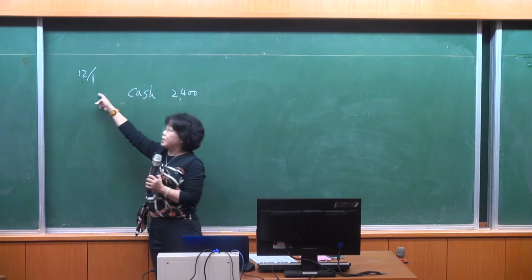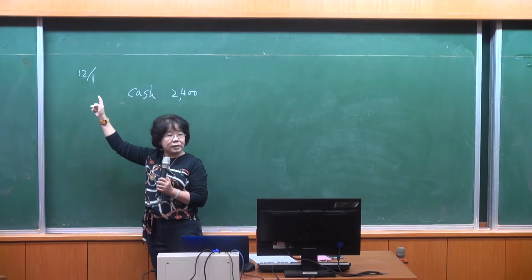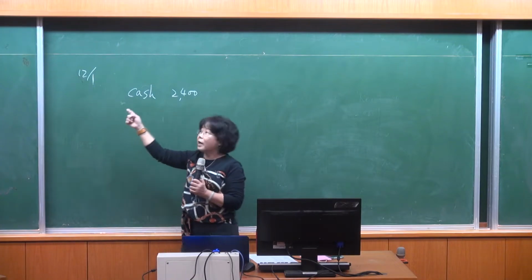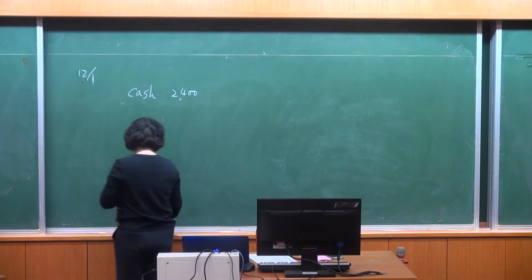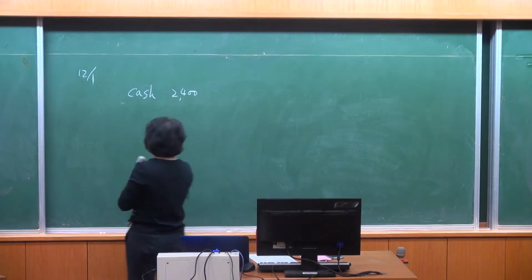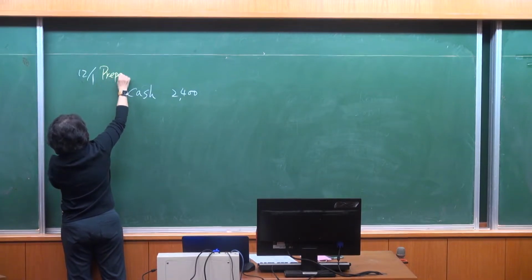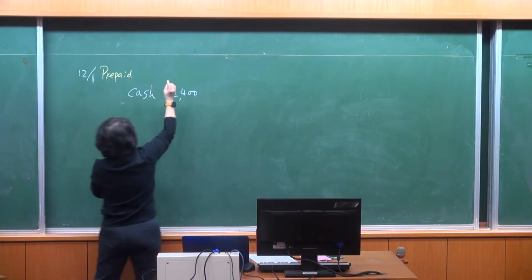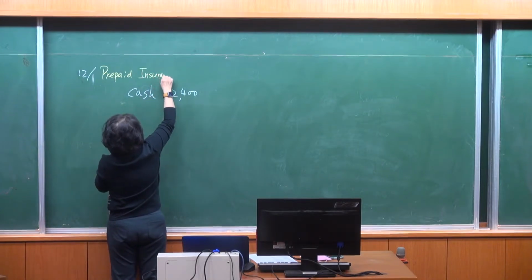Cash is an asset, so it should go to debit. 现金是资产，所以在借方，但是你要花掉它，you move to credit，就把它变成贷方。Okay, then what do you put here? The important thing you need to know is that this is your right for the coming 24 months, prepaid insurance.